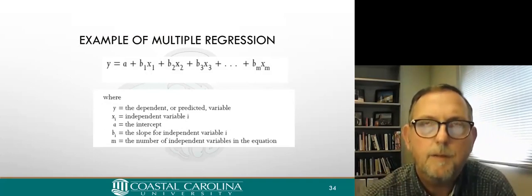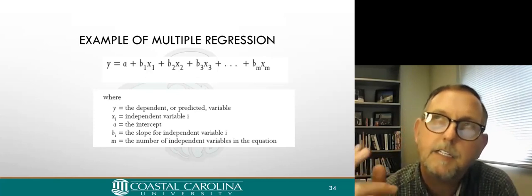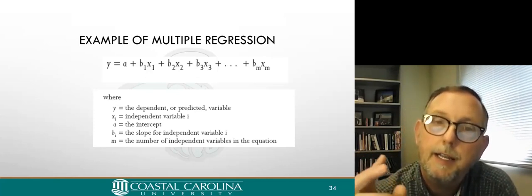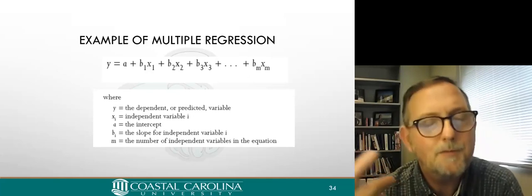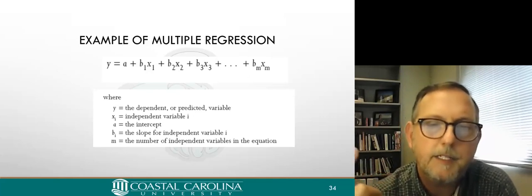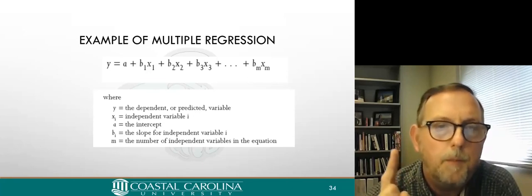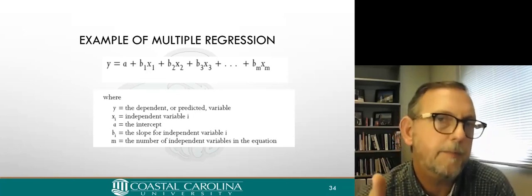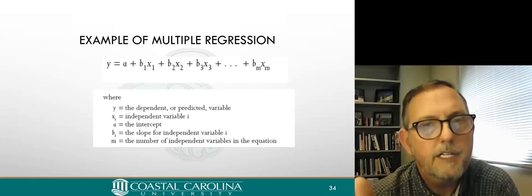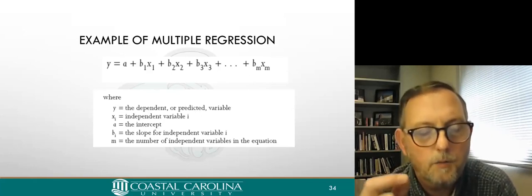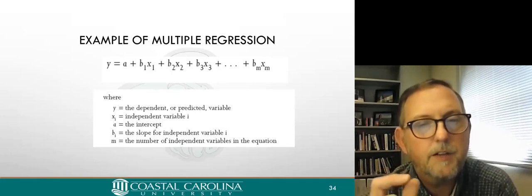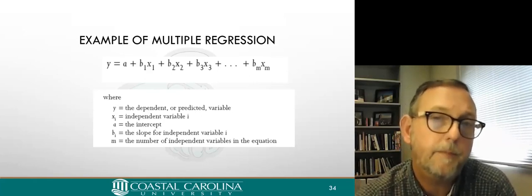The biggest challenge, I guess, is that when we produce these models, sometimes the x's are related to each other. And when they're related to each other, and it's severe enough, we call that multicollinearity.